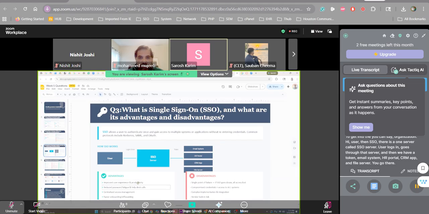The advantage is improved user experience and productivity. It is only one place. Before, we needed to go to each system and log in; that is not there now. Then it reduces password fatigue, since we have one password to remember or change. Then centralized access management and faster onboarding.